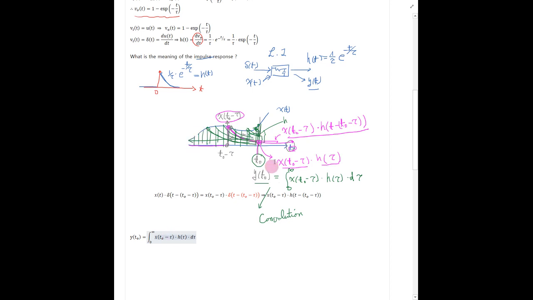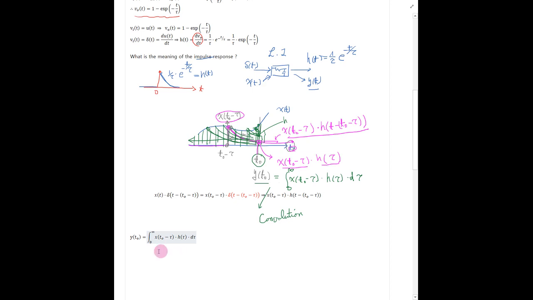Because this is a causal system, the output isn't affected by future values. It stops here. If it's non-causal, you can express it this way. In the case of a non-causal system, the future data affects the output, so we take minus infinity. But we will focus on the causal system.